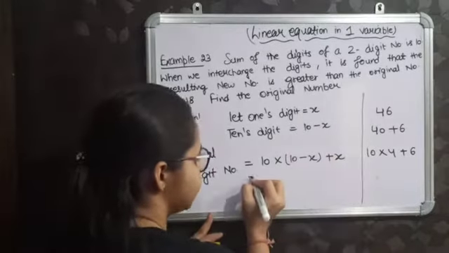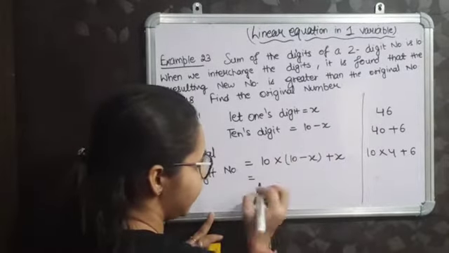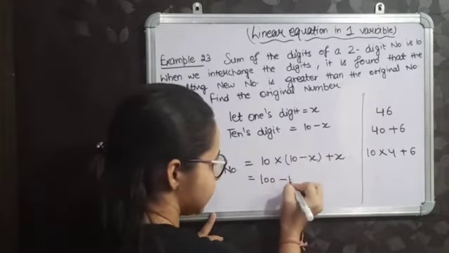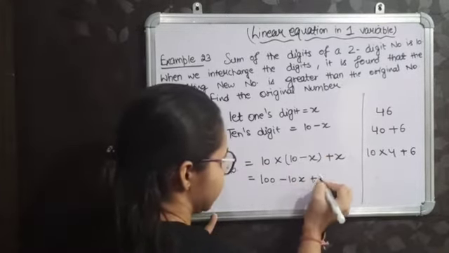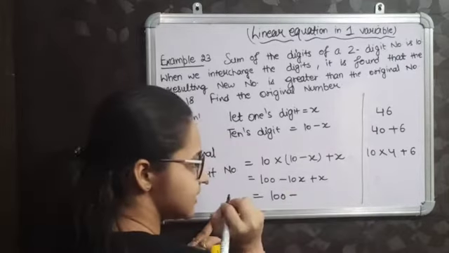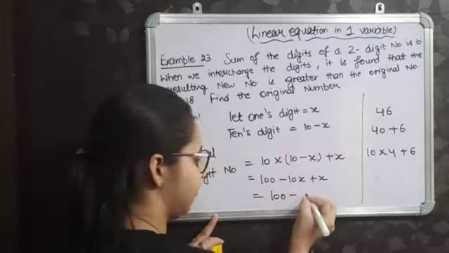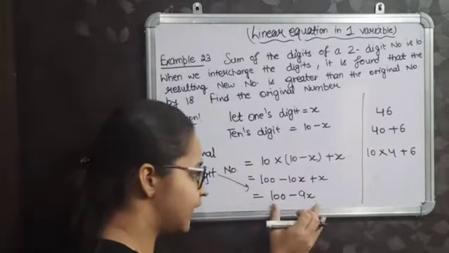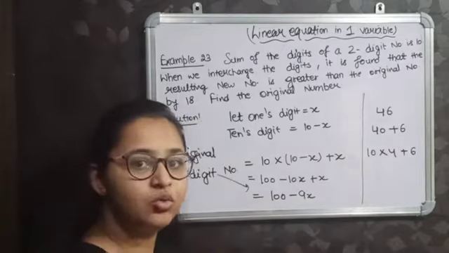Very good. I am simplifying here. 10 multiplied by 10 gives 100. 10 multiplied by x with a minus sign gives minus 10x, plus x. It will give you 100 minus 9x. So this is your original two-digit number.